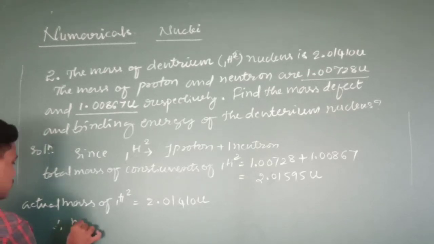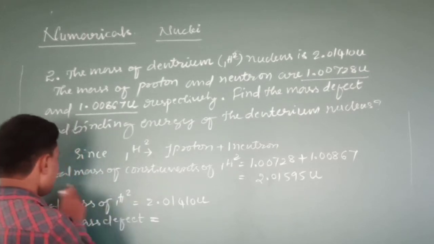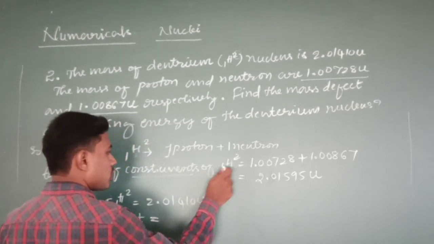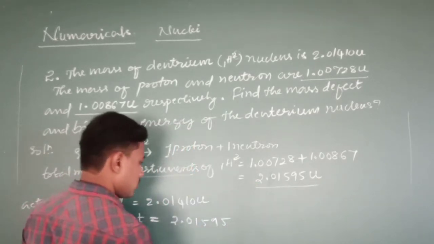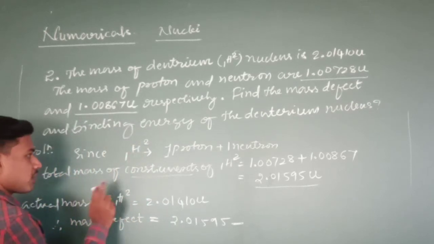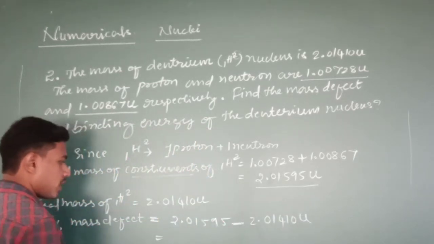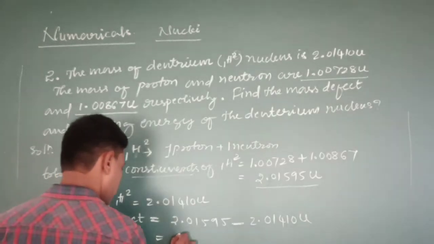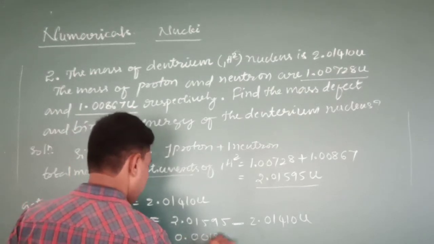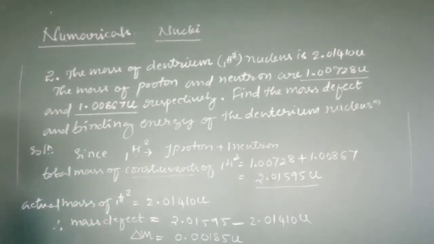Therefore mass defect is equal to the total mass of constituent nucleons of 1H2, that is 2.01595, minus the actual mass of 1H2, that is 2.01410 U. So 2.01595 minus 2.01410, you will get 0.00185 U. This is mass defect, which is represented with the notation delta M.